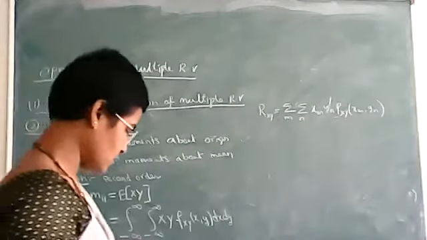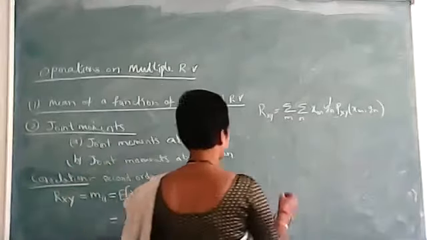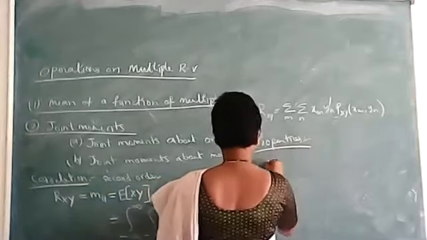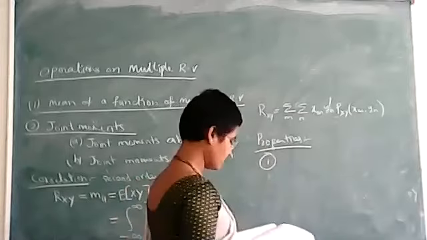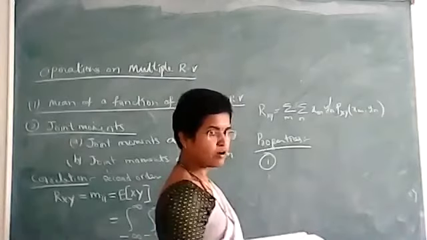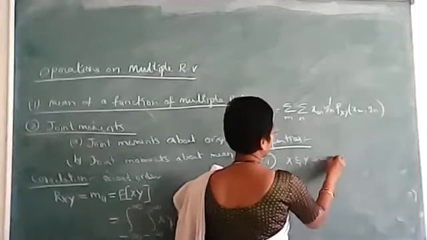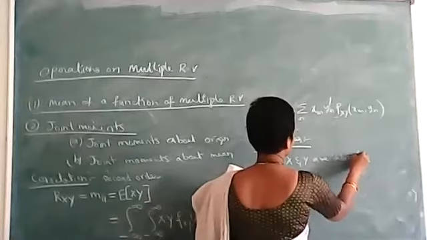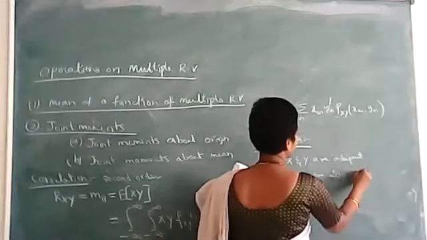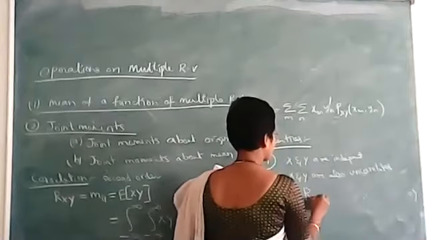Now we also discuss the properties of correlation. The first property is that if x and y are statistically independent, then x and y are said to be uncorrelated. So what is Rxy?